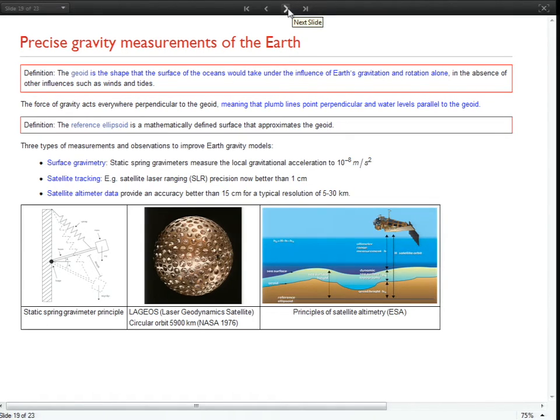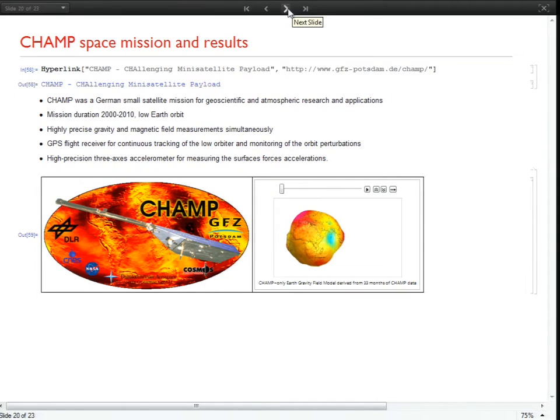Now let's come to the space missions and results over the past 1.5 decades. The first one in this sector was the CHAMP mission, which stands for Challenging Minisatellite Payload. It was a German mini-satellite project developed by the GeoForschungsZentrum in Potsdam, with a 10-year mission duration, and did highly precise gravity and magnetic field measurements.